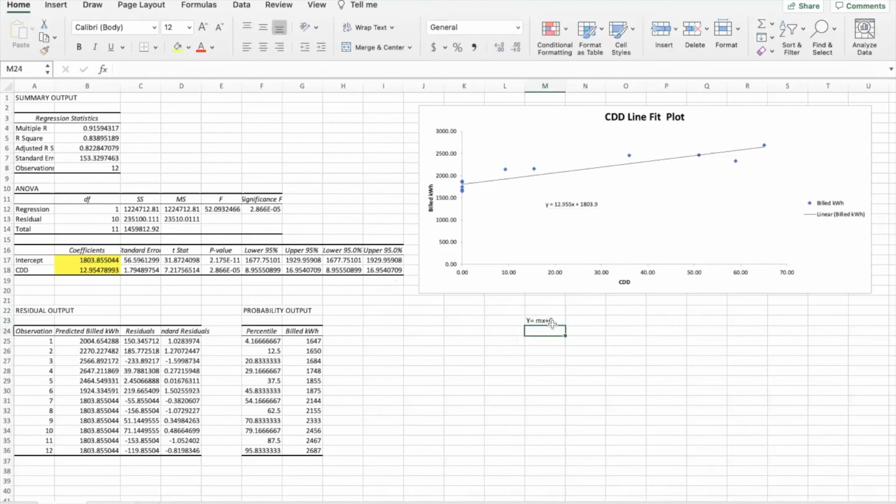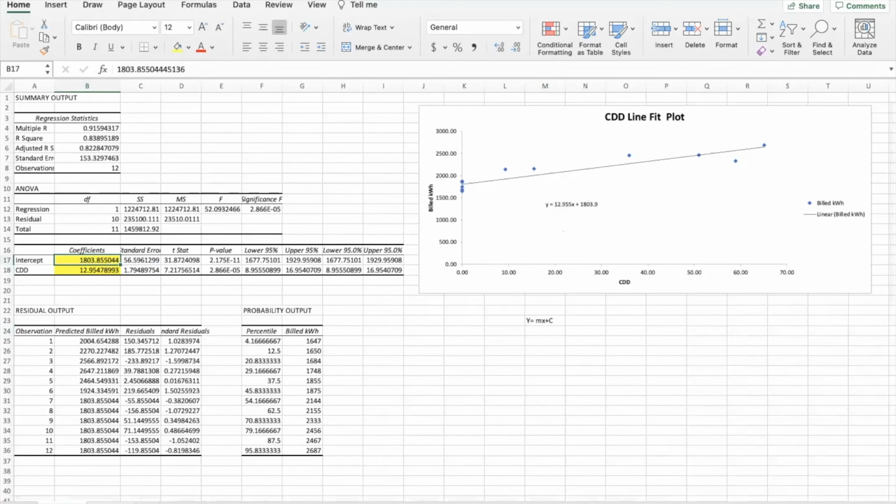This is the equation that represents a straight line. M is the slope, and c is the y-intercept. So this number represents the intercept instead of c, and this value, 12.95, is the slope, that is m. Okay, can I answer your question?